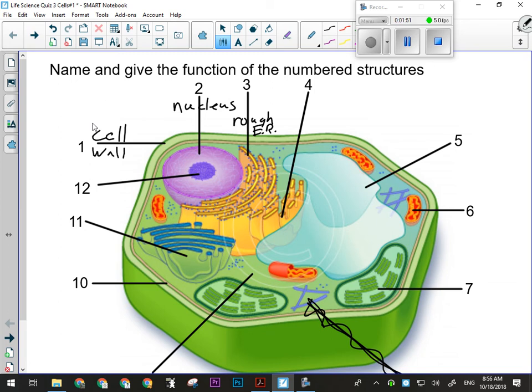Okay, then for number 4, we have the ER that doesn't have the ribosomes, so that is the smooth ER. Okay, and I will accept any one of the following functions for the second mark. Breaks down toxins, breaks down complex carbohydrates, makes hormones, and makes fats or lipids, if they wrote lipids. Okay, I will accept any of those answers for the second mark.